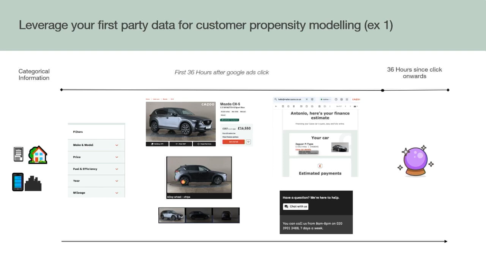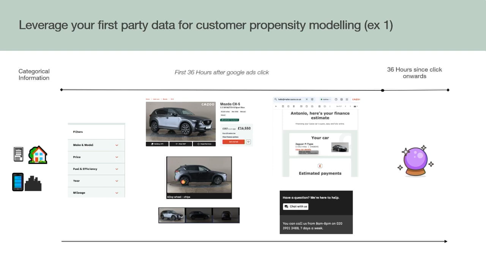And then we see which actions they've taken on our website and how they've engaged with Cazoo. So for example, have they played with the filters on our search results page? Have they seen any cars? If they've seen any cars, have they opened the image gallery? Have they opened the imperfections gallery? Did we send them an email? Have they clicked on that email? Did they get in touch with our customer service? And a whole other range of signals we use.